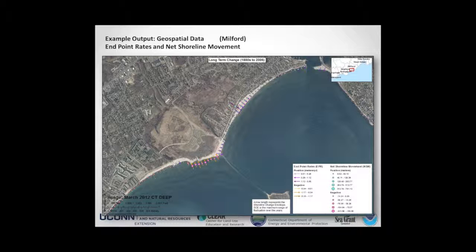Here's another example in Milford, Connecticut, which is an interesting location as far as shoreline change. I tried to match up some earlier 1934 imagery to this area, and I couldn't find anything that was the same in either image. But with this kind of information, you can identify by a quick look where the shoreline has changed a lot and where the shoreline has gained material.